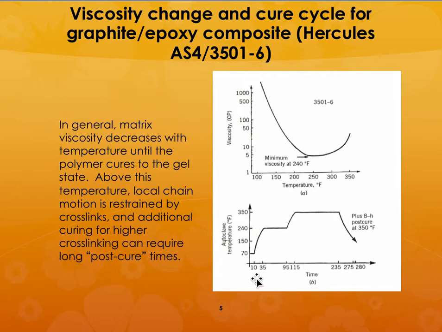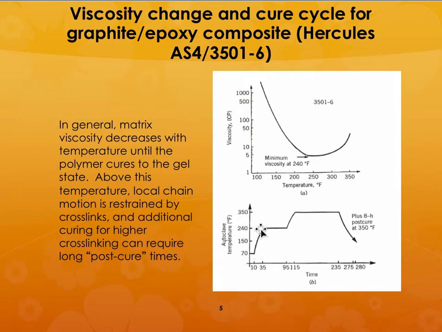So if you look at the cure cycle versus the temperature, you can see that when you start out, you may hold it at around 70 degrees F for a very short time.